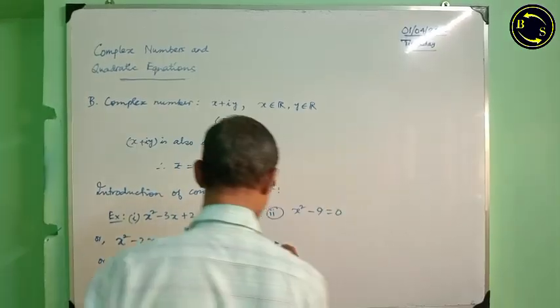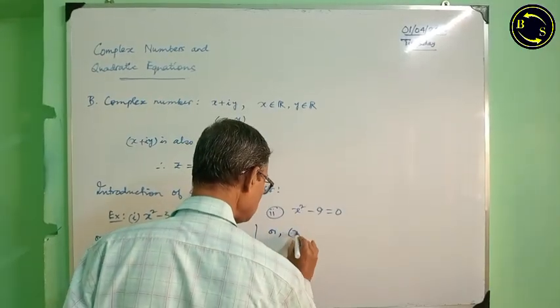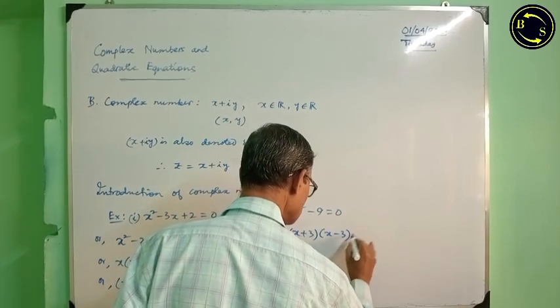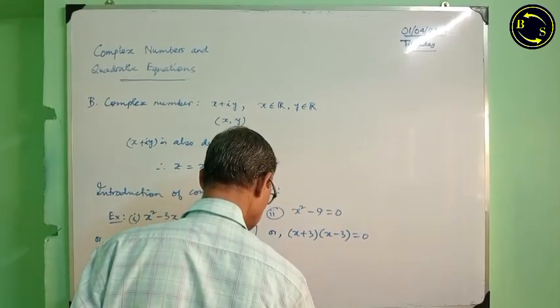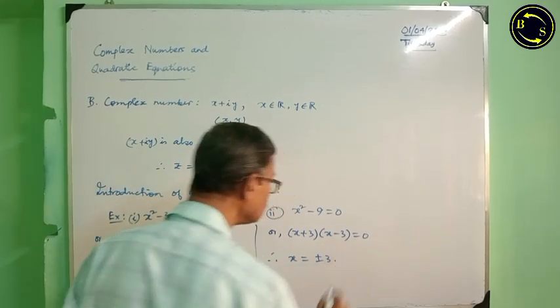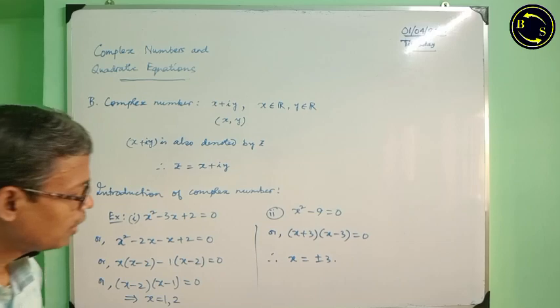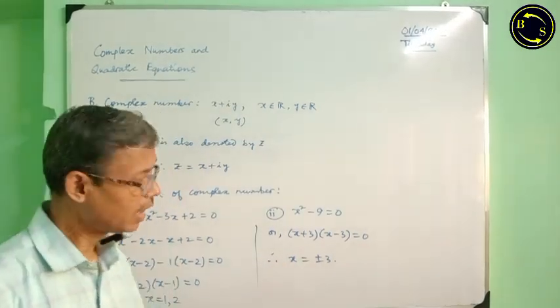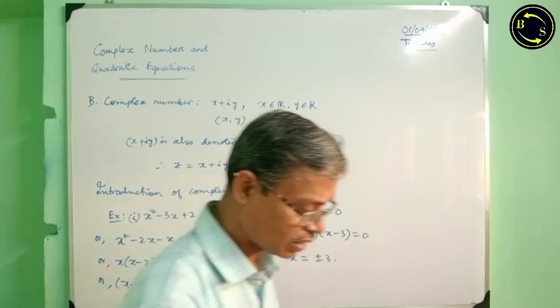Now, if I solve this, the values will be x equal to plus minus 3. I have not shown the detailed steps here.